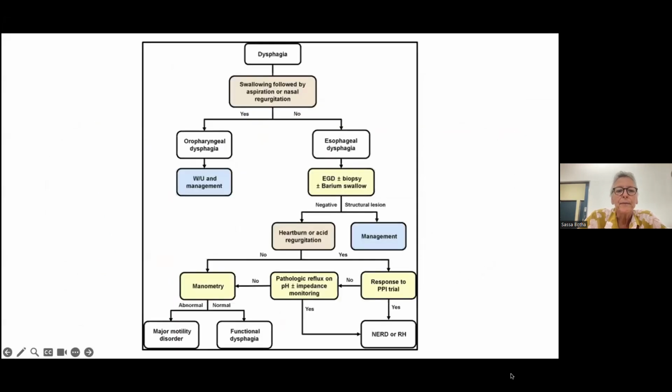Okay, so I also added an algorithm that one can use, but I think Aslam has covered most of it. I just want to emphasize again that we get so many referrals. People just talk about dysphagia.